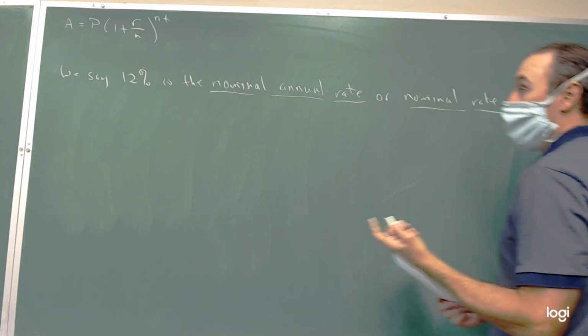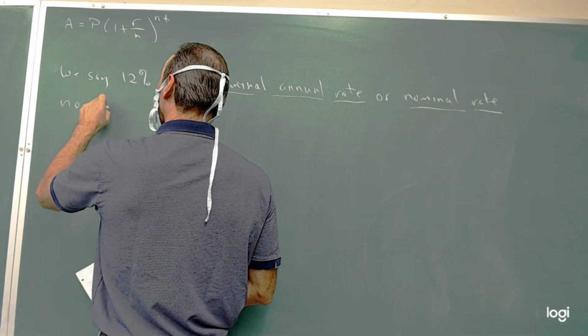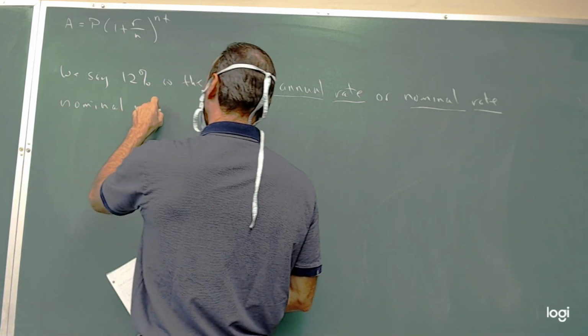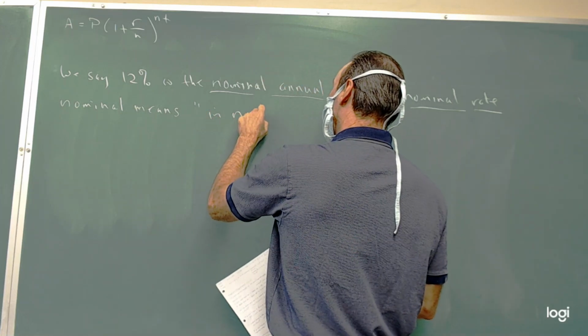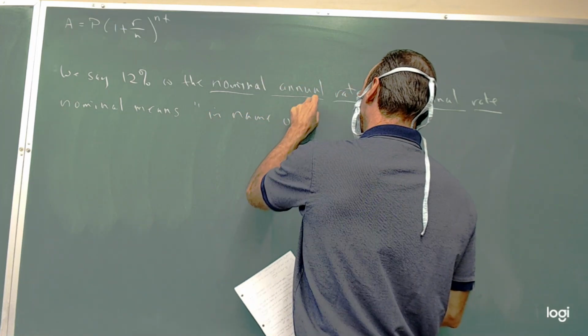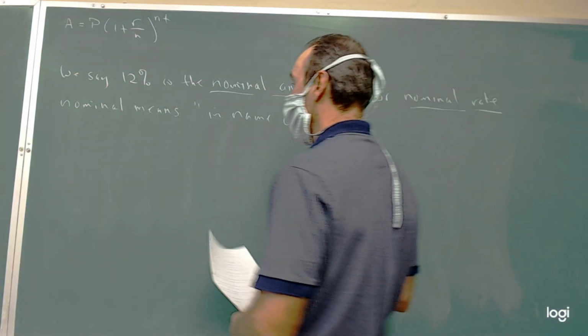Nominal means in name only. So that nominal rate isn't really going to be, most of the time, the actual rate of return, or what we will call the effective annual rate.